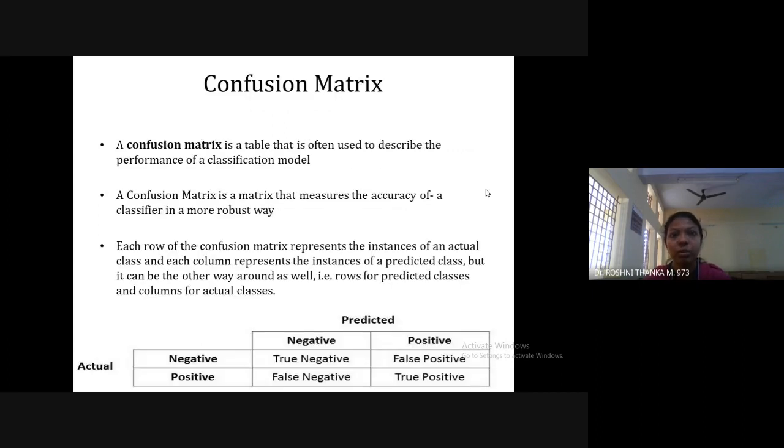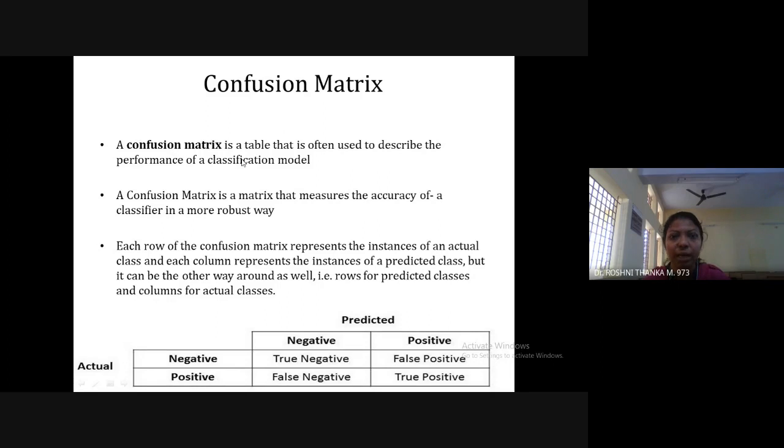So in all those cases, if you go for performance evaluation with the help of a confusion matrix, we could evaluate it in a proper manner.